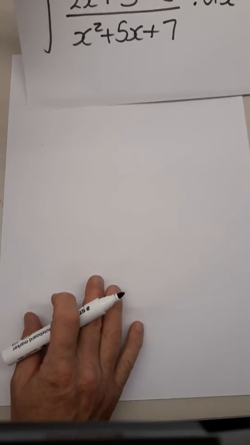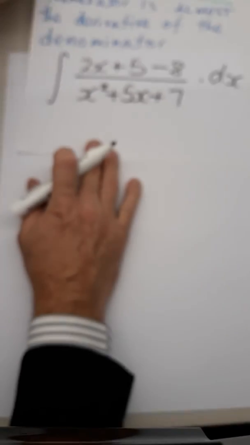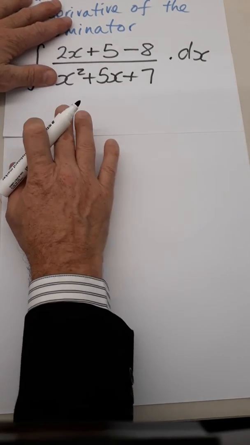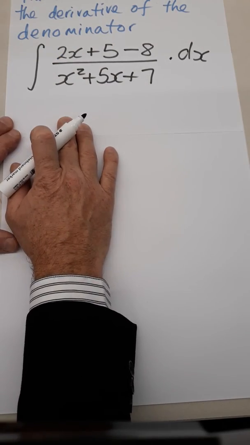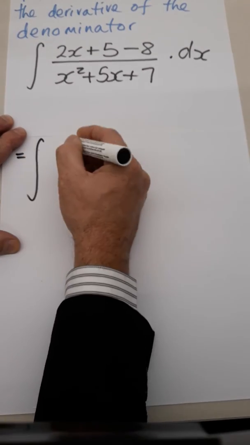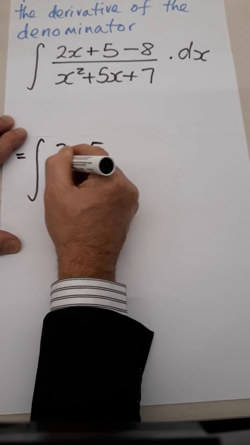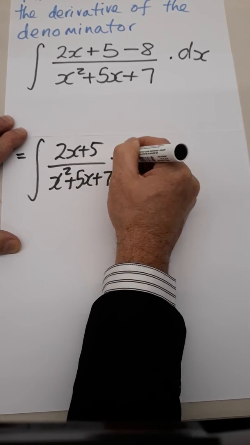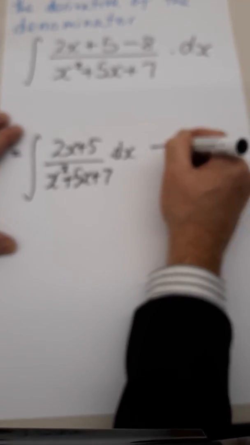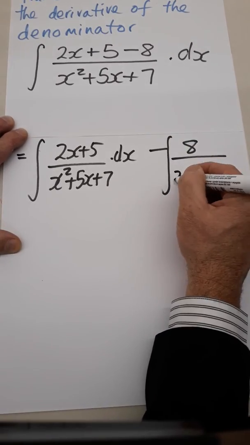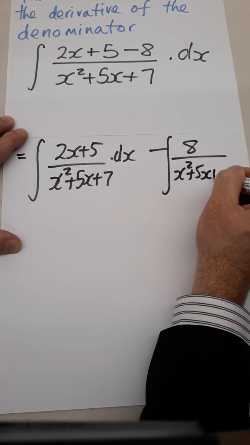So if I just put this up the top here where you can still see it, this integral is the same as 2x plus 5 on x squared plus 5x plus 7, minus 8 on x squared plus 5x plus 7.